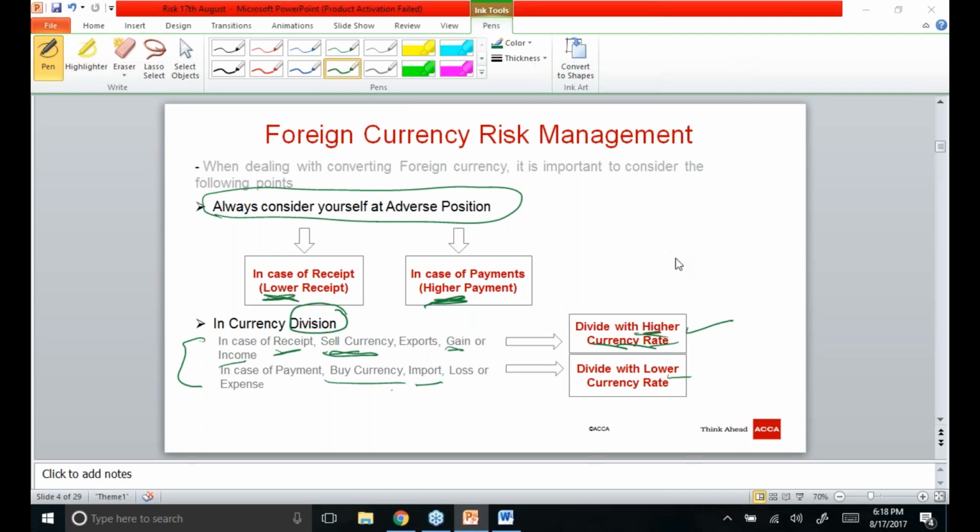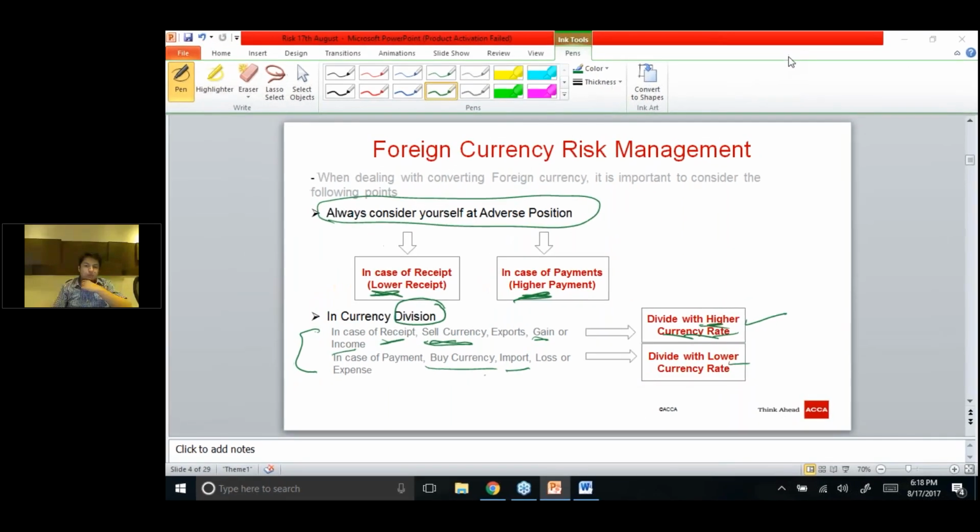Okay, this was a kind of summary. Try to remember these 2 points. Obviously, you will never face problem in conversion of currency. 90% of the cases, there is a case of division. So in case of division, remember these 2 points.